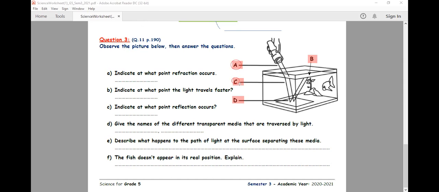At C the light is inside the water. D is the mirror. B is where the light touches the surface of the water. I'm going to draw them for you.